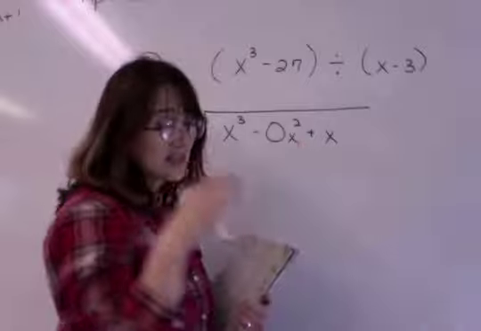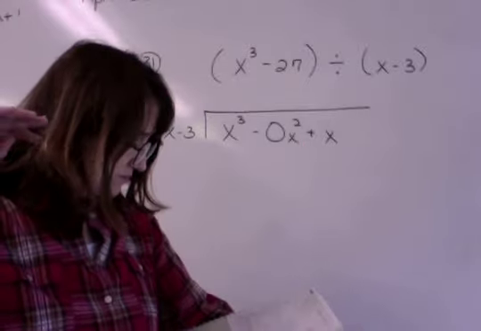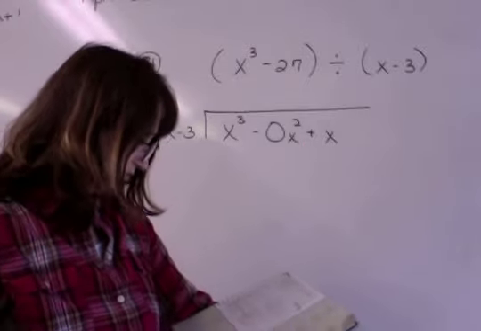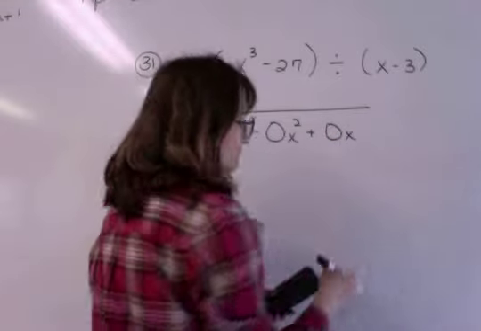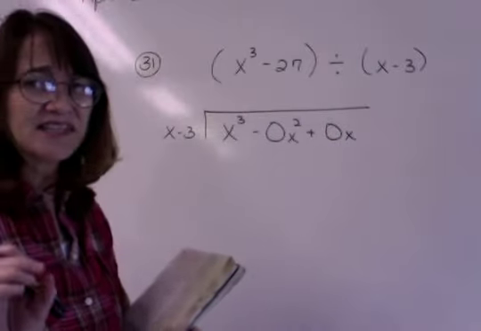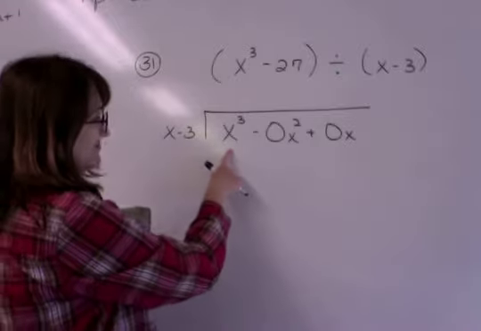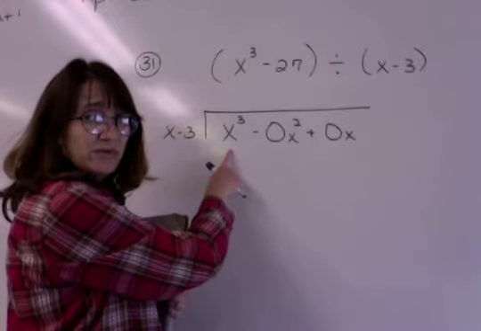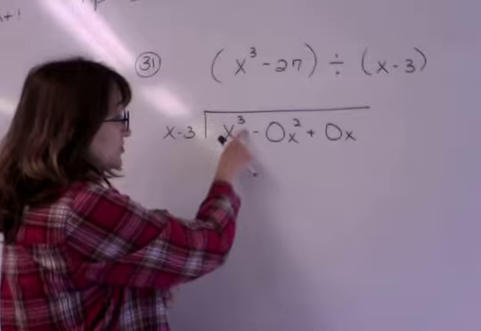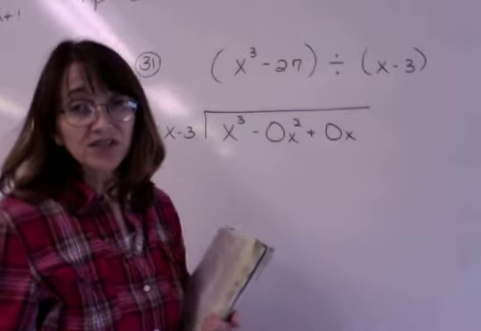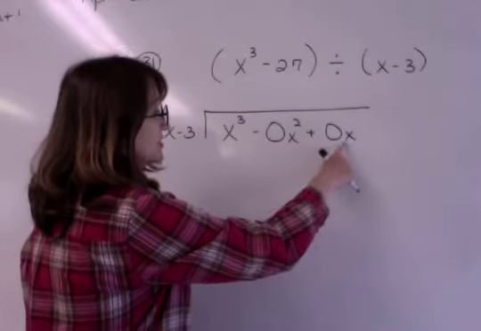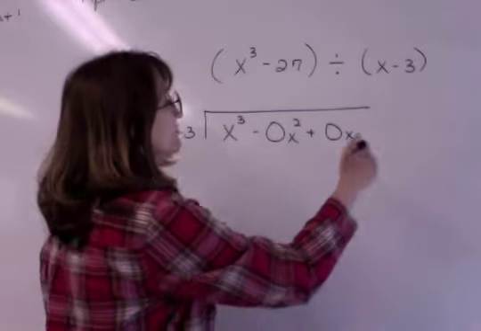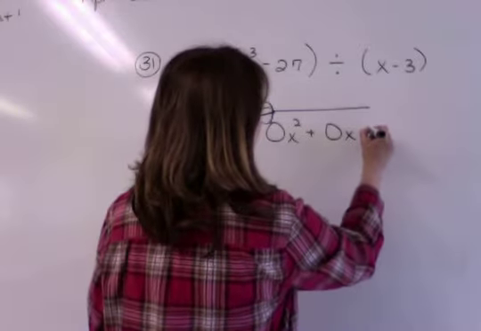I forgot to put the 0 there. You would go ahead and have a 0x. What you need to say in your brain is, all right, this is cubed. I just know in multiplying binomials that I'm going to have these powers show up. And finally, you can put in your last thing, which is a 27.